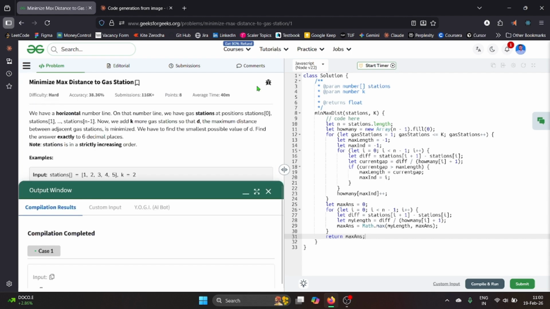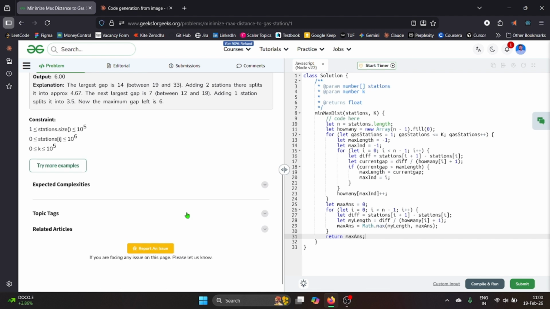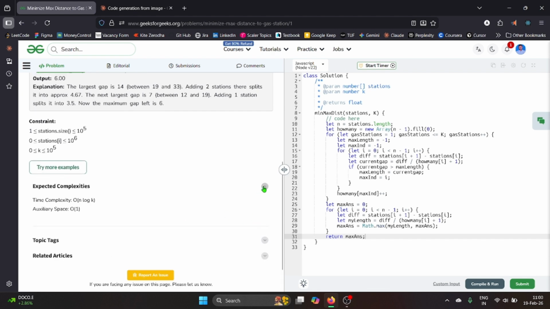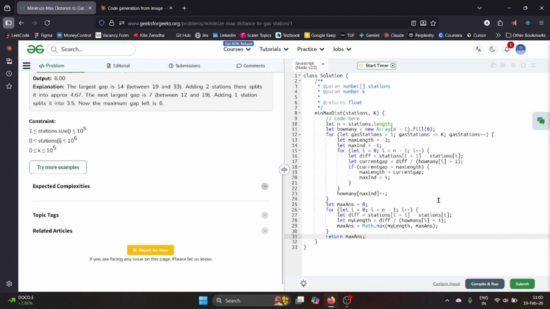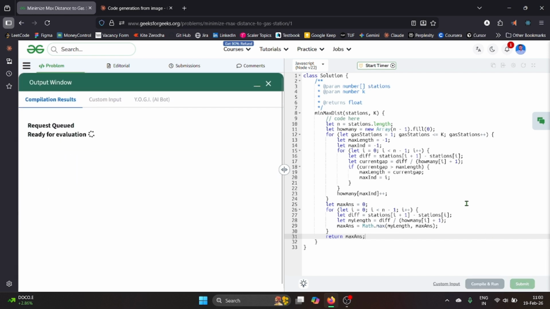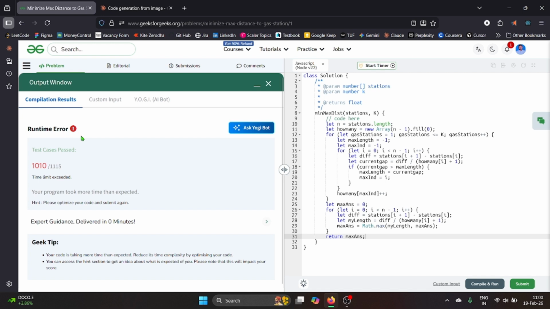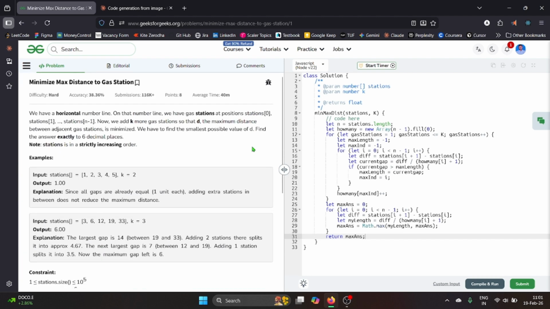But because it is a brute force approach, and the question is clearly saying that we have to find the answer in n log n time complexity, let's submit it and see. So it's a runtime error because we took more time than expected. The question says we have to find the answer in n log n time complexity. So in the next video we'll discuss its optimal solution by binary search.